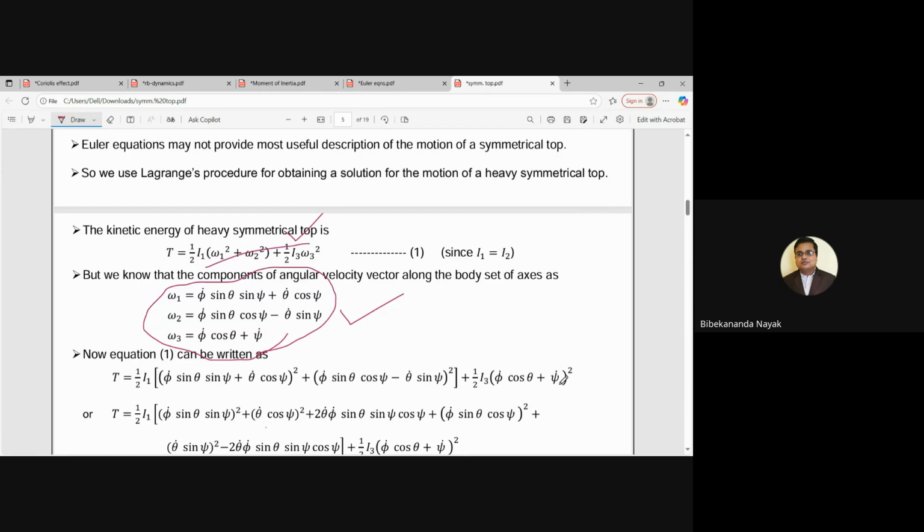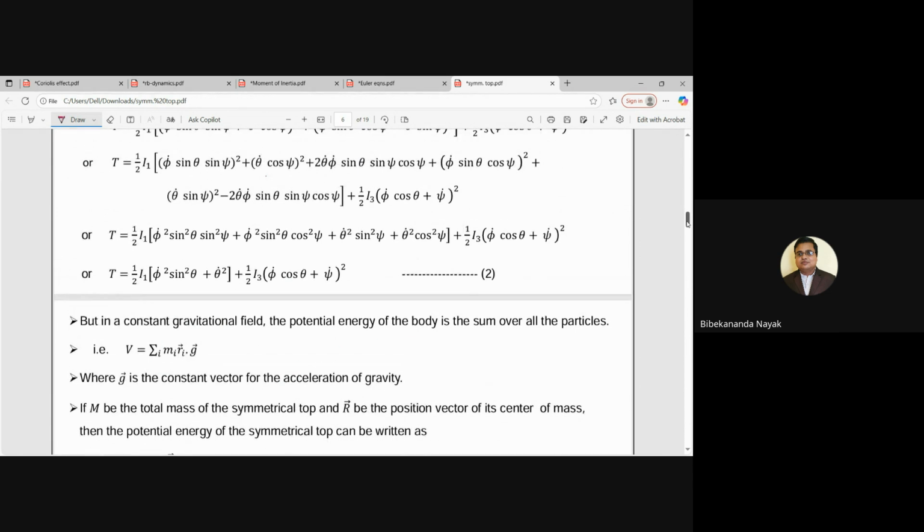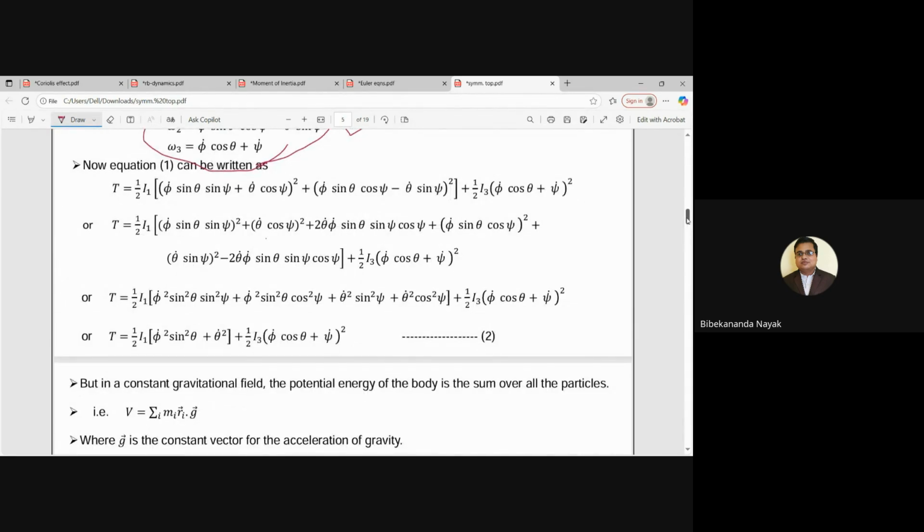Here I1 is equal to I2, since the top is symmetric about the z axis. Solving these equations, you can get the result.